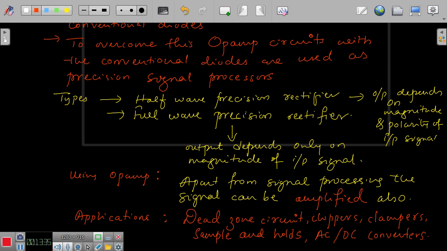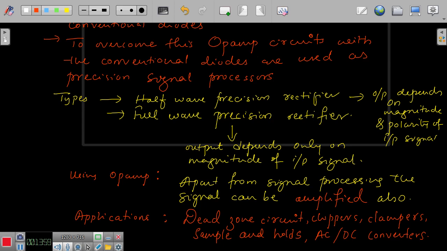You use them in dead zone circuits, clippers, clampers, sample and hold circuits, as well as AC and DC converters. So this is the brief introduction about what exactly we mean by the dead zone and the precision rectifiers, where we use them and how we materialize them, right?